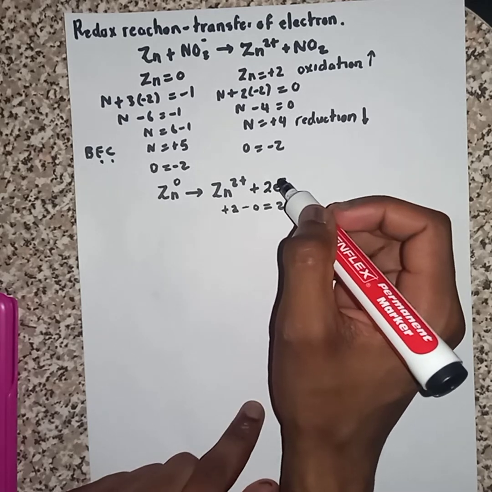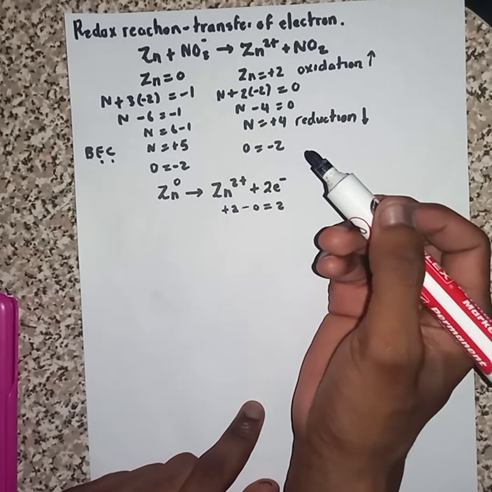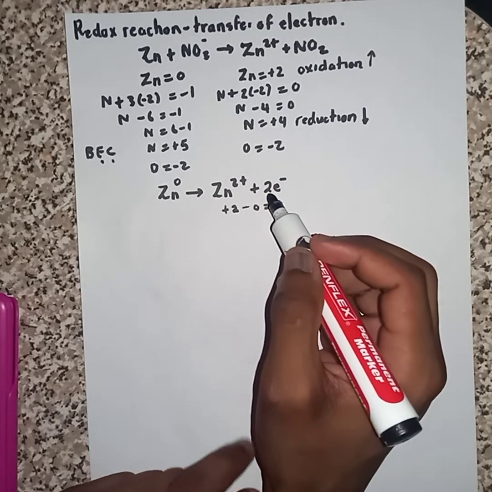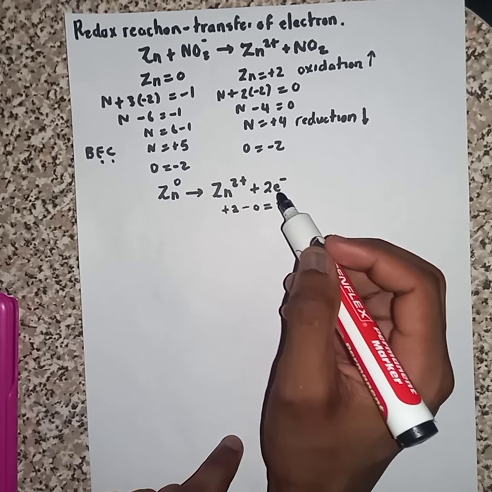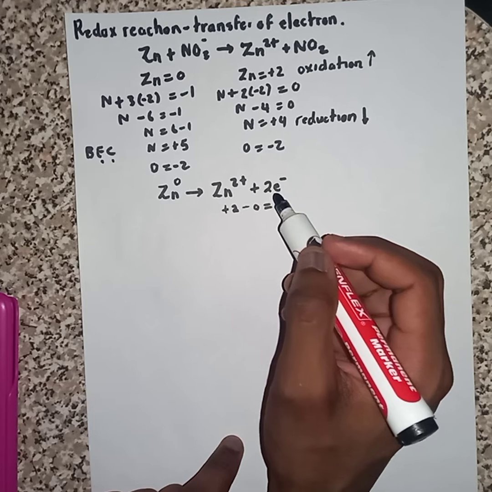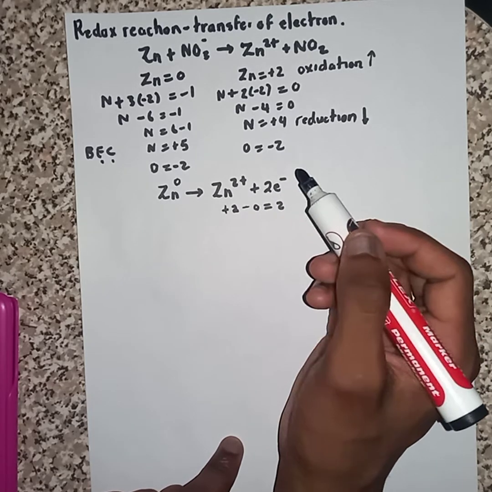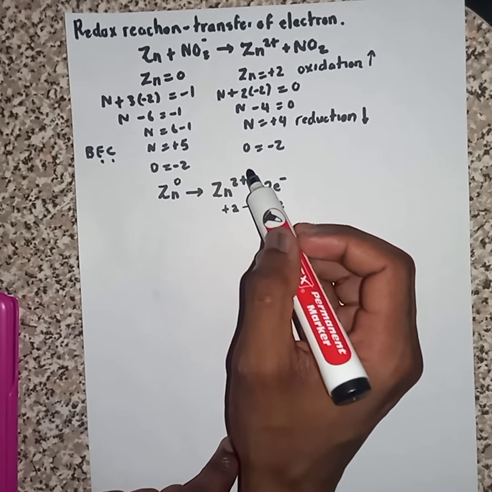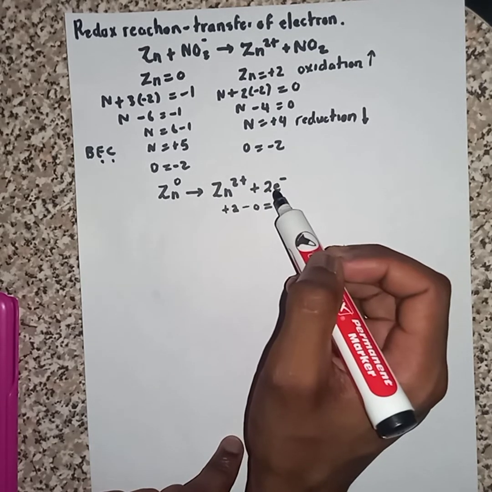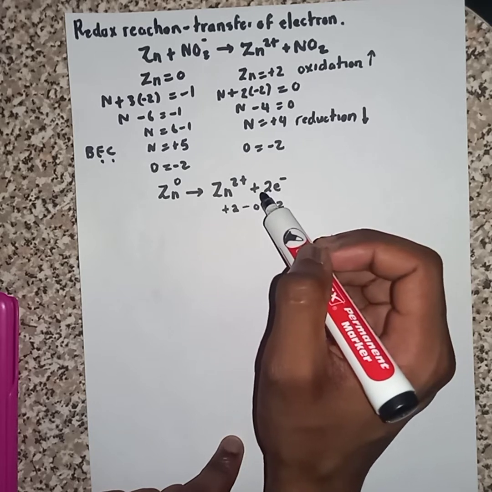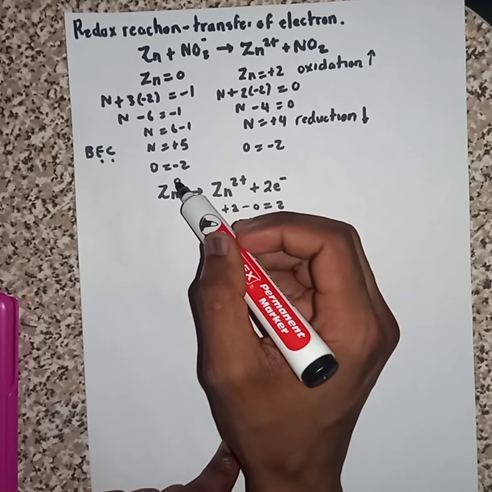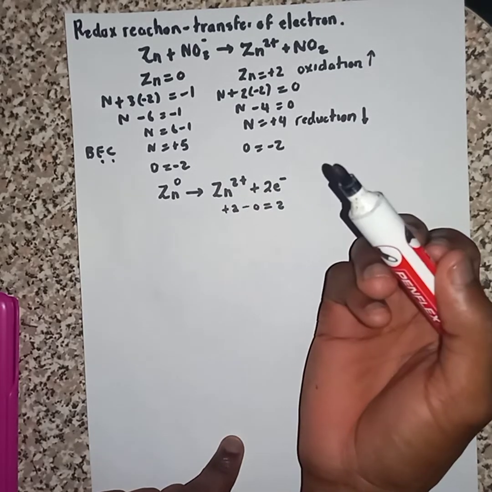Why do we put it on the right hand side? Because it is an oxidation, and we always put the electrons on the right hand side. In a simpler way, if I have 2 positive charges, I subtract 2 electrons, and at the end of the day I get 0 charge.